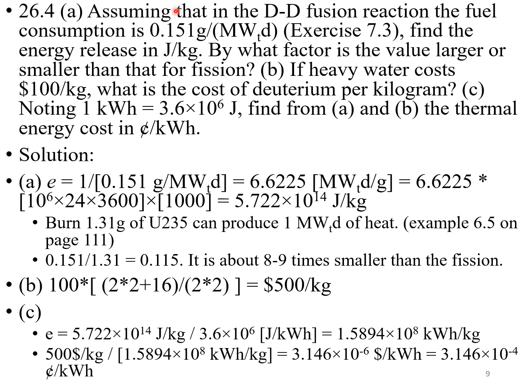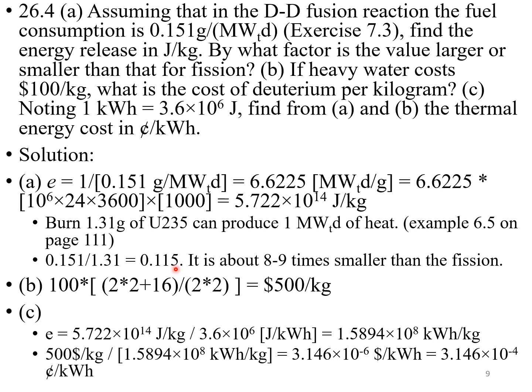How to calculate this value is presented in example 6.5 on page 111. This value was also introduced when we solved example 22.1, and also in some previous homework problems. So we can use this value directly. We use 0.151 over 1.3, so we get this factor.